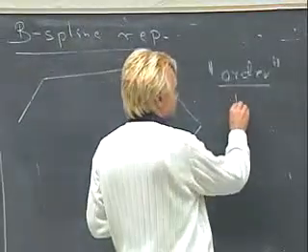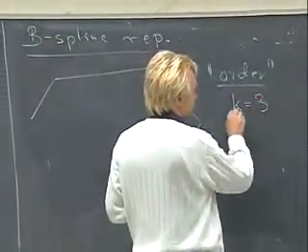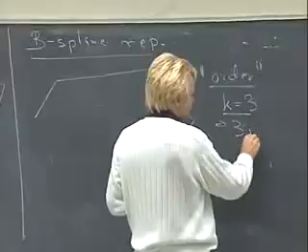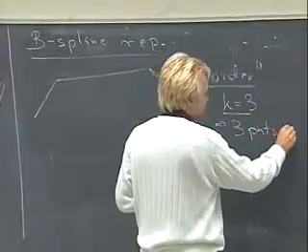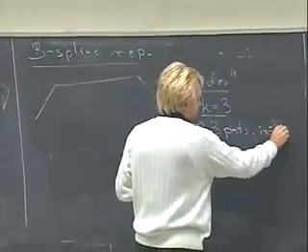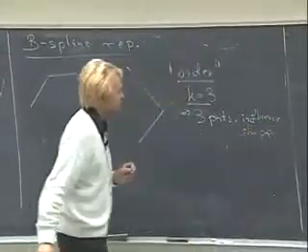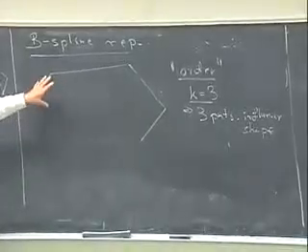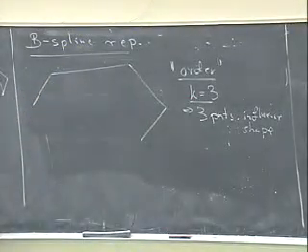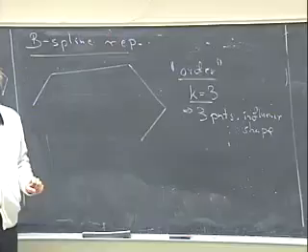Order k is 3. And this means 3 points influence shape. Okay. So when I draw the resulting curve for the B-spline, 3 points define a shape.